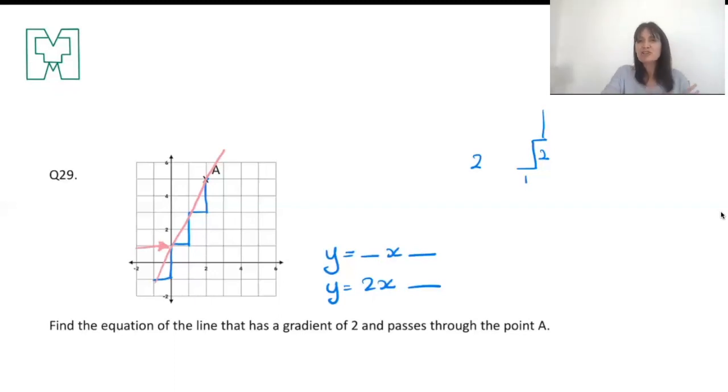If I didn't have a clue what to do next, as long as I finish it off with any old random number so it looks like I knew what I was doing, I would get one of the marks. But we don't need to do that because we do know what we're doing. We can see it crosses at 1. So our y-intercept is +1. Y equals 2x plus 1 is the answer to that question.